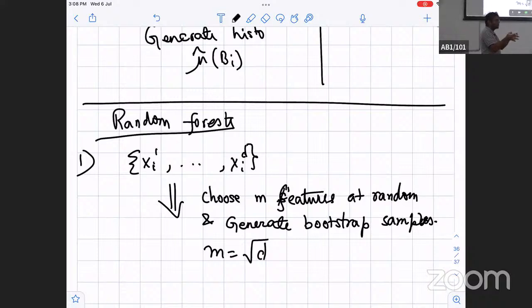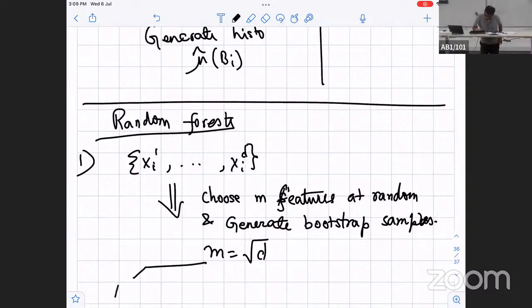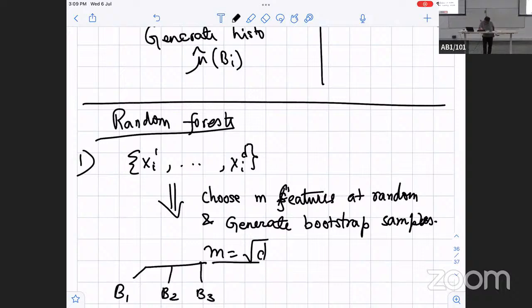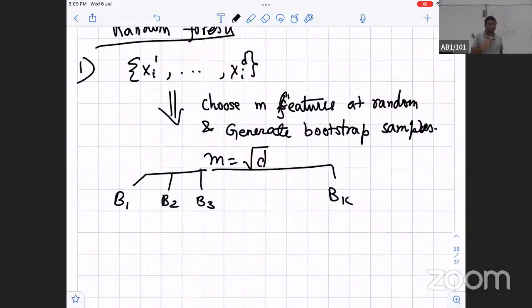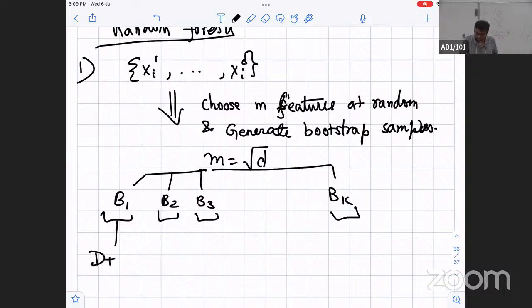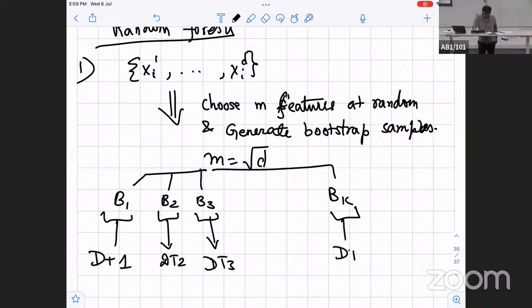Now using that sample, you generate multiple copies, you bootstrap it. That will give you one data sample B1. Like that, you get B2, B3, all the way till BK. And on each of these, you will use decision trees: decision tree 1, decision tree 2, decision tree 3, decision tree 4, all the way to decision tree K.